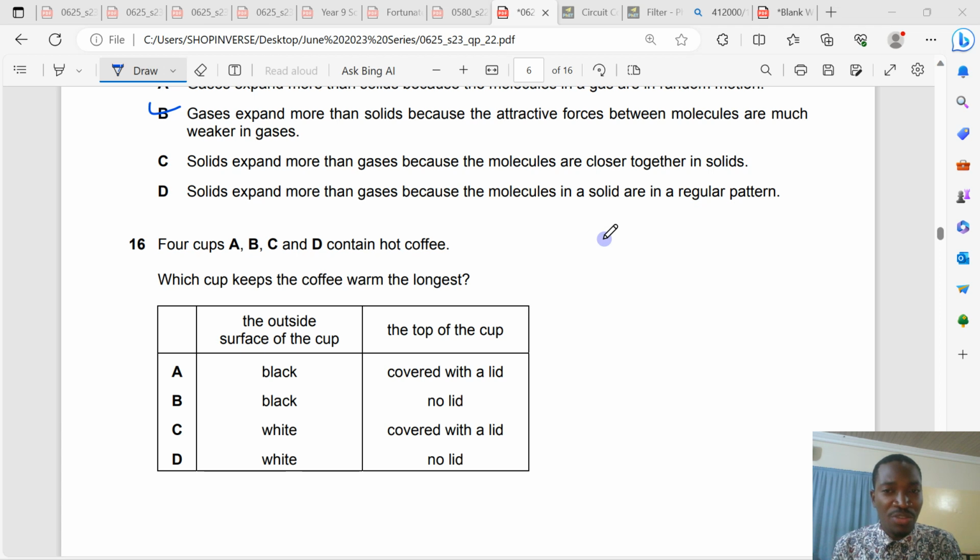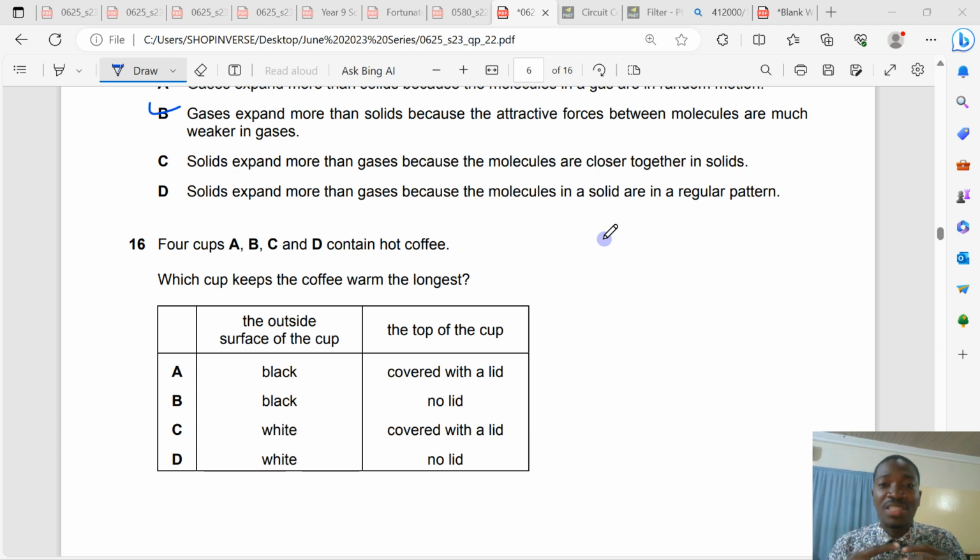What about a white surface? White surfaces do not absorb thermal energy because they give out all the colors of visible light. Also, they bounce back infrared. They don't want to absorb the infrared. When it comes to transmitting thermal energy, white surfaces also do not transmit thermal energy.